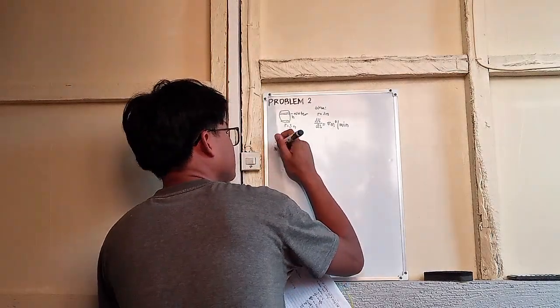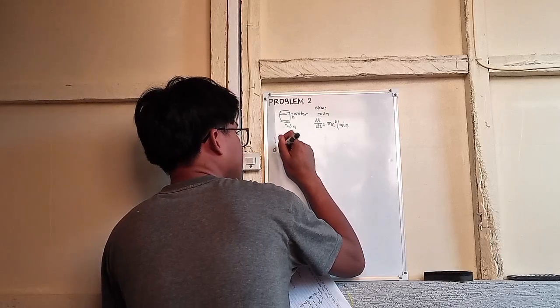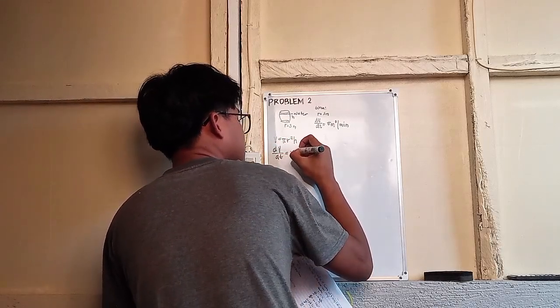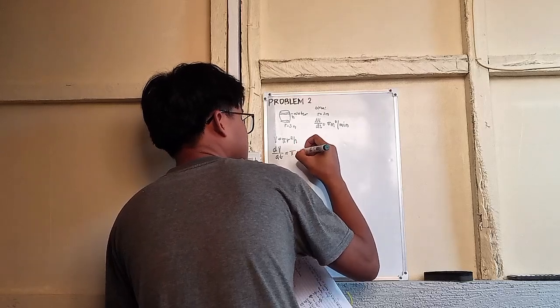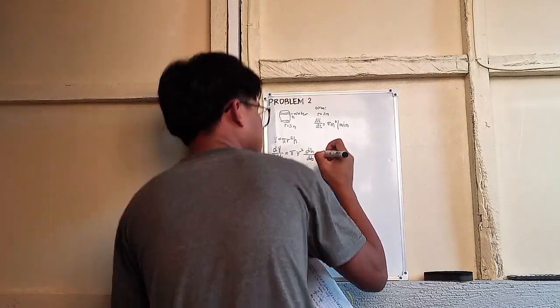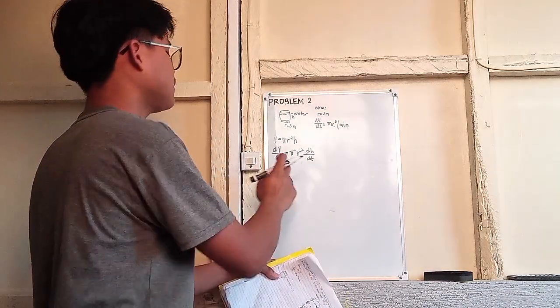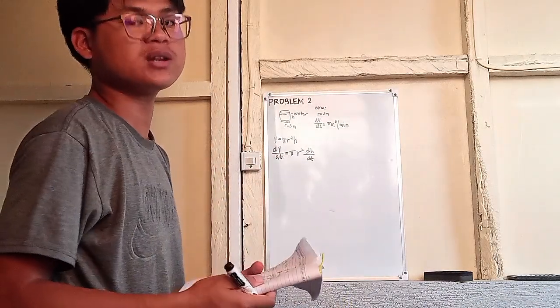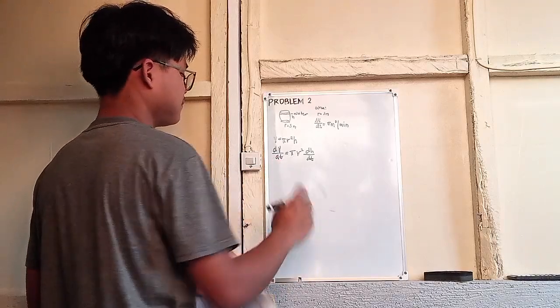So dV over dt is equal to pi r squared dh over dt. Here we differentiate the formula with respect to time.